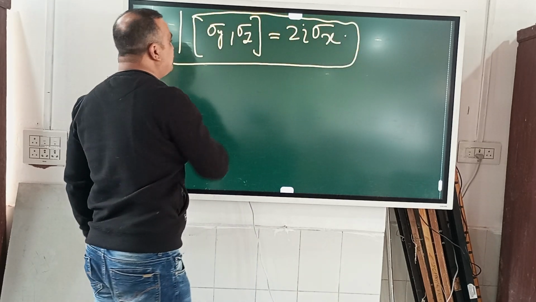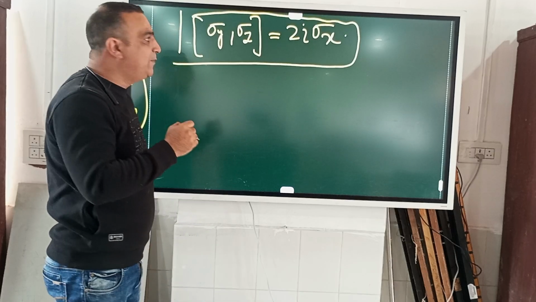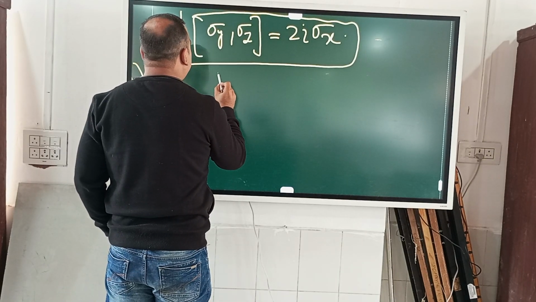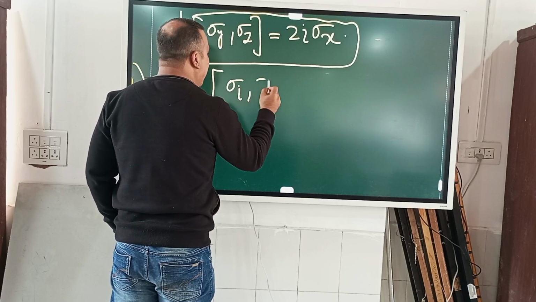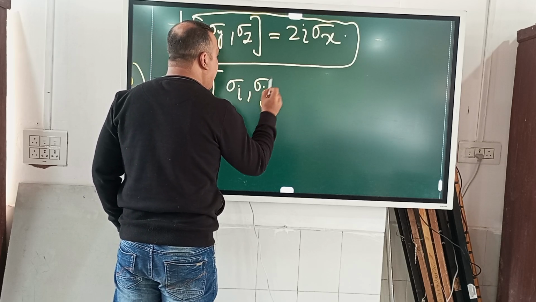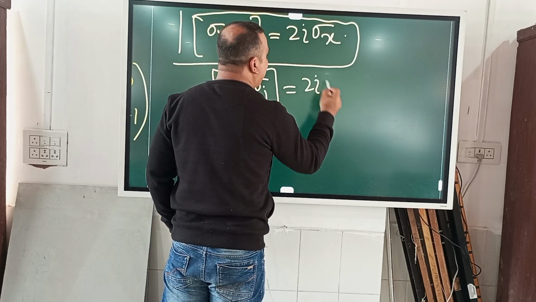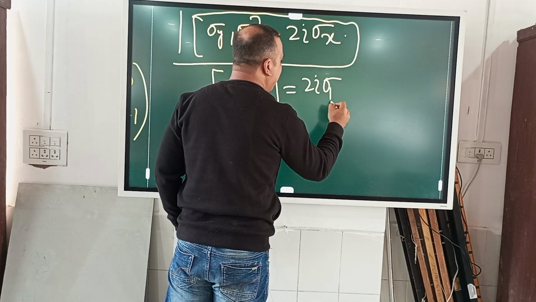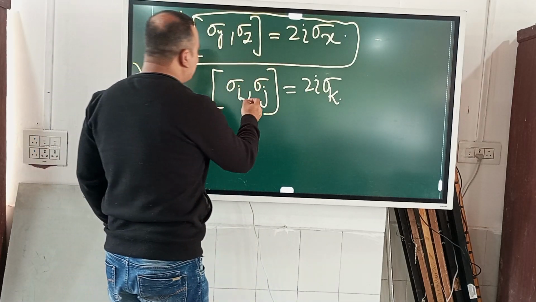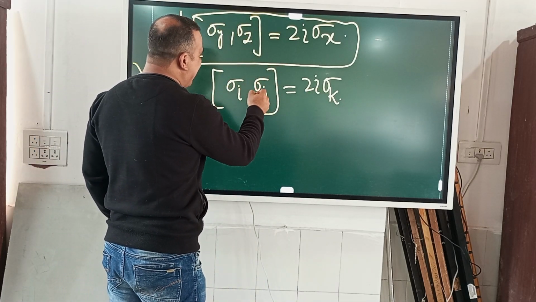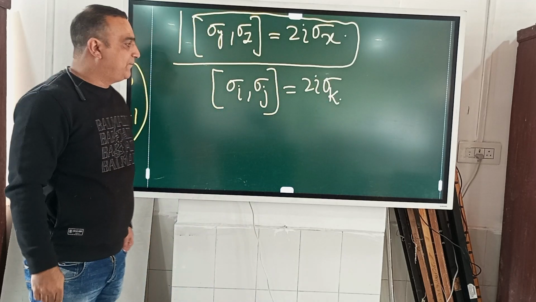Alright? So we can generalize this commutation between the Pauli spin matrices as the commutator of sigma i and sigma j is equal to 2i sigma k. So if i takes the value of x, j takes the value of y, then k will take the value of z.